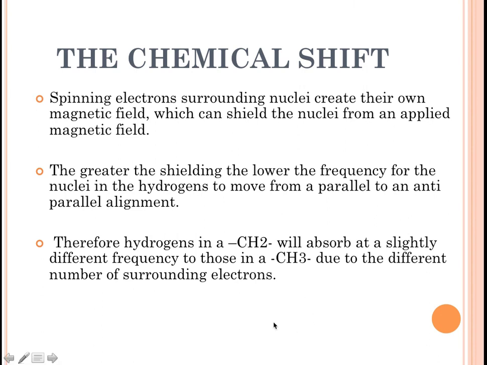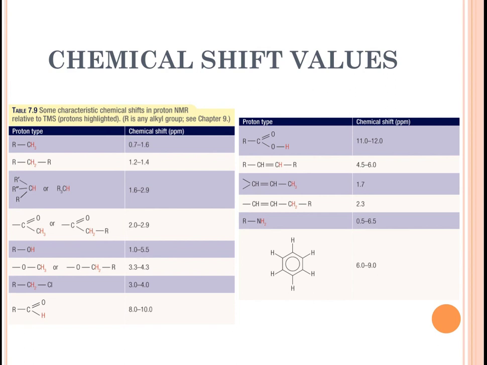If we are bonding hydrogens to an electronegative element, normally via a carbon, then remember those electronegative atoms, like oxygen, are going to steal more than their fair share of those electrons, which means that is going to reduce the electrons orbiting those hydrogens, which means it is going to increase our chemical shift. So you will see that the lowest ones are where we've just got carbons and hydrogens.